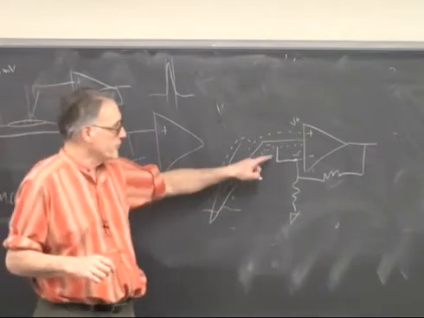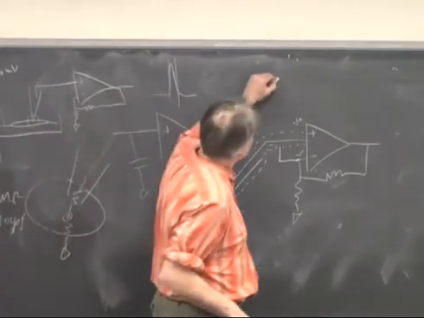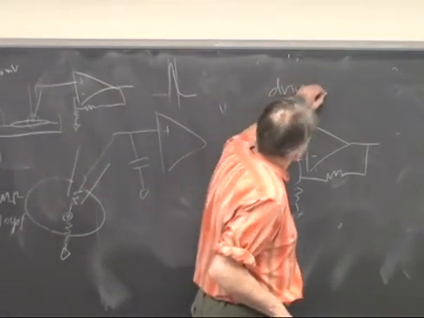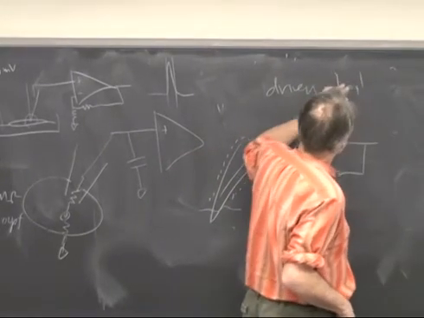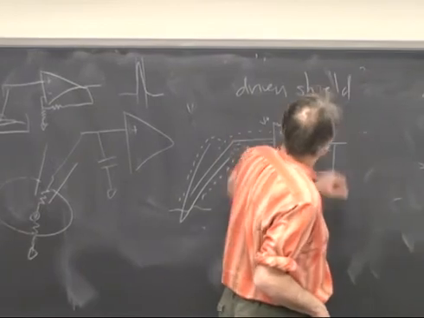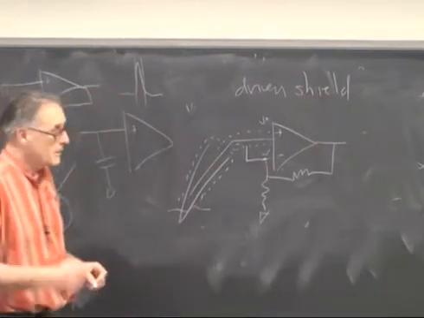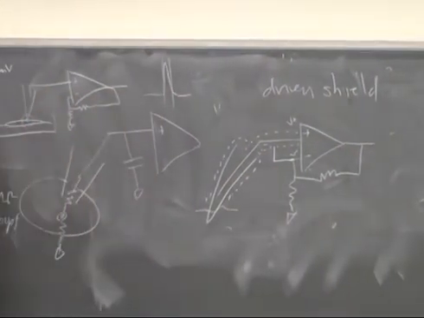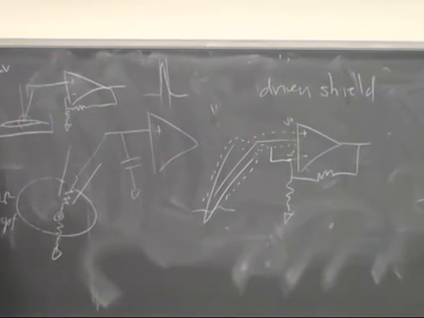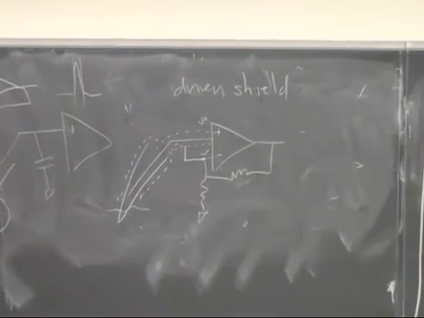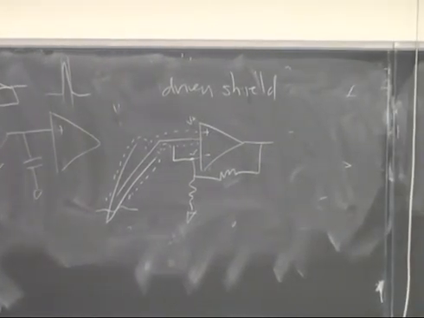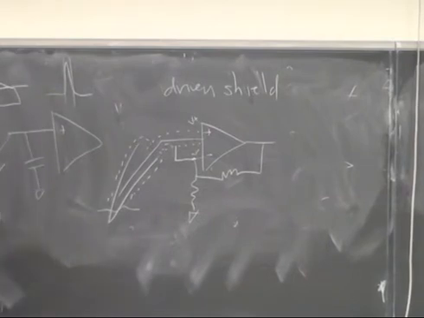And this is called a driven shield, where you find in the circuit a point that is fairly low impedance and has a voltage equal to the voltage you're interested in shielding, and you connect it.